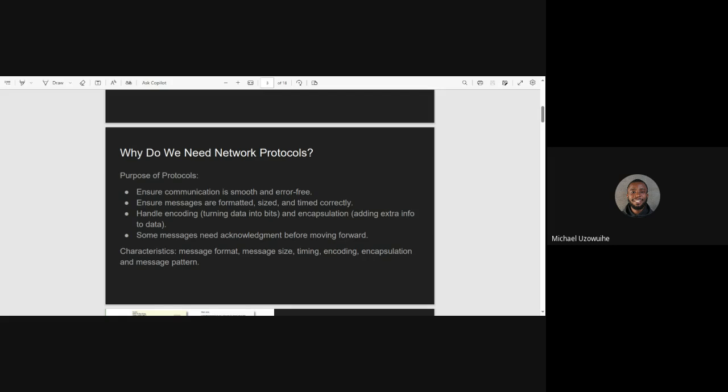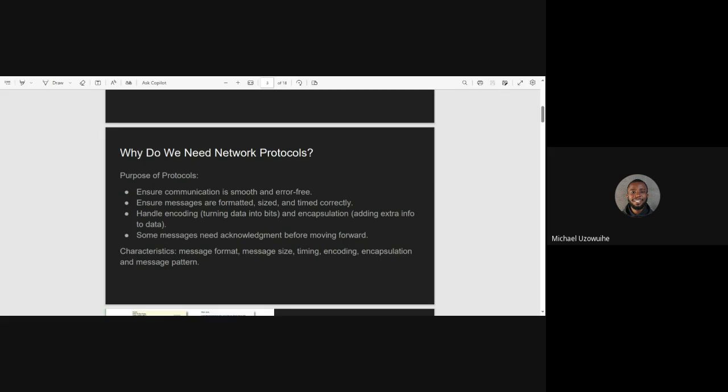When it gets to that device, there has to be decoding to revert what I already did, so the message can be understood.